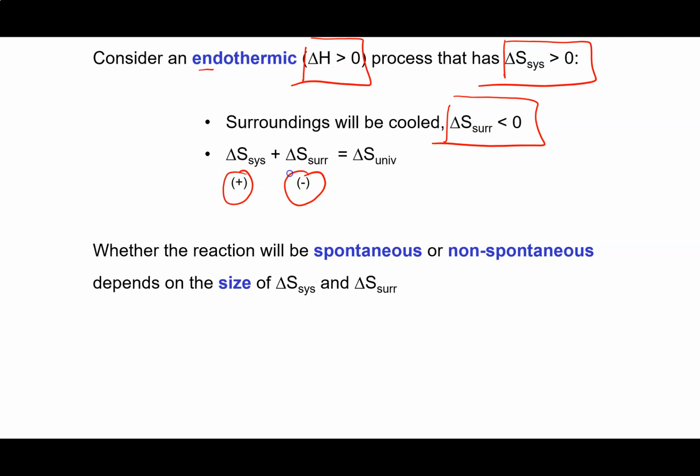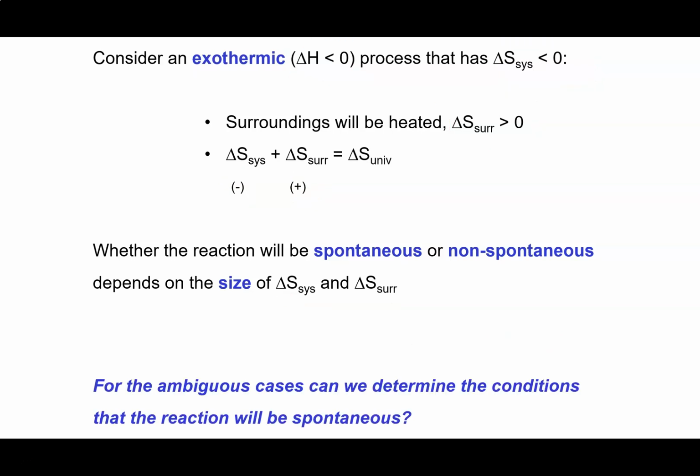So this process could be spontaneous or non-spontaneous, depending on the relative size of the entropy changes of the system and the surroundings. So it's a little less decisive in this case, right? It's a bit more ambiguous as to what the scenario might be with respect to spontaneity.